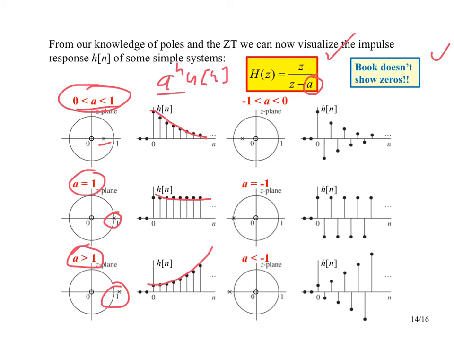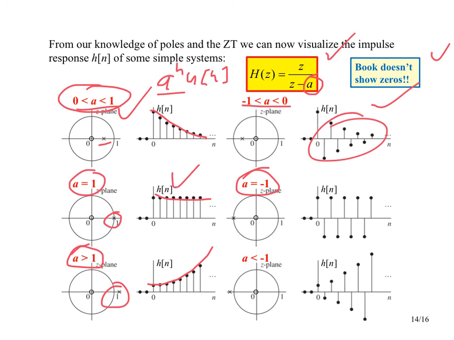Now let's look at negative A's. So same kind of thing. If A is negative but still in magnitude between 0 and 1, it's still going to decay, but now it's going to oscillate. So the distinction between here and here is that both decay, but one doesn't oscillate, the other one does. Then we have A equal to minus 1.